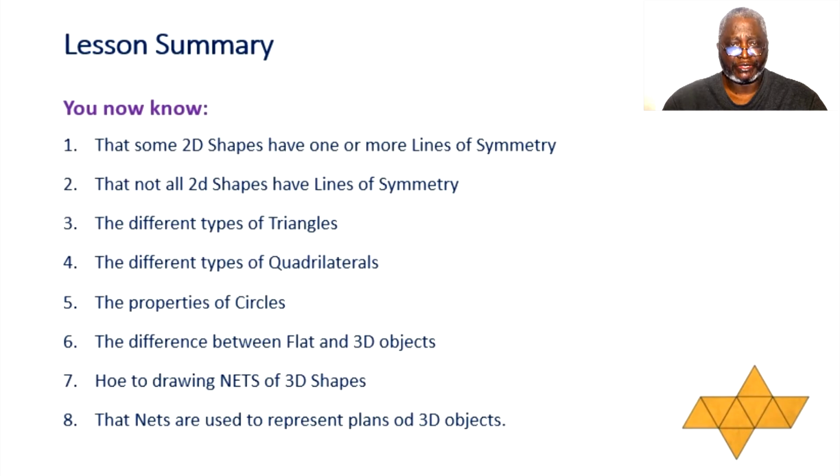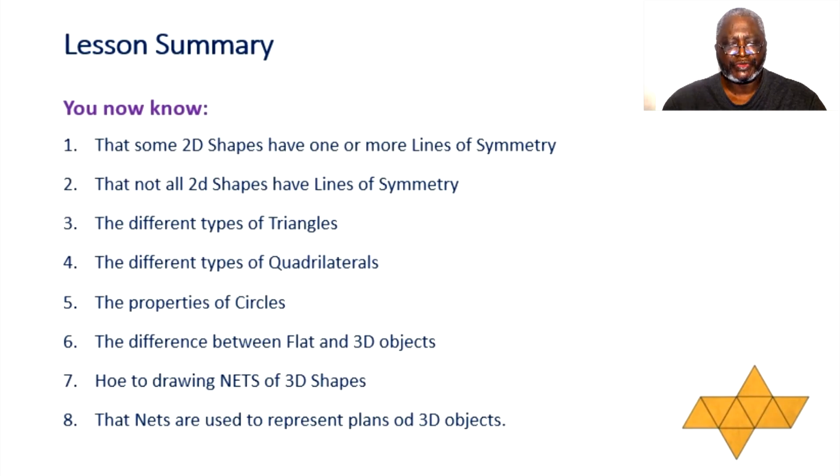You know the properties of a circle and the difference between flat 2D and 3D objects. You know how to draw nets of 3D shapes. And then you know that nets are used to represent planes of 3D objects.